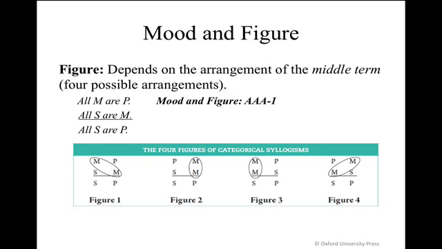Notice also that figure doesn't tell you anything about quantity and quality. Mood doesn't tell you anything about the placement of the middle term. So we've pulled everything together here in this example. The mood and figure is, respectively, A, figure 1.